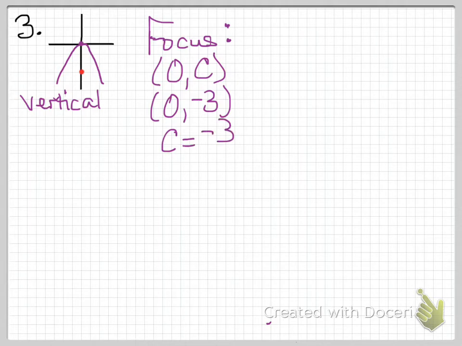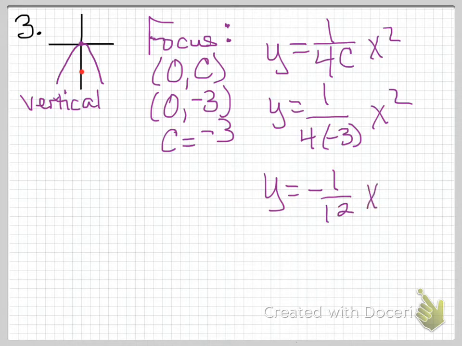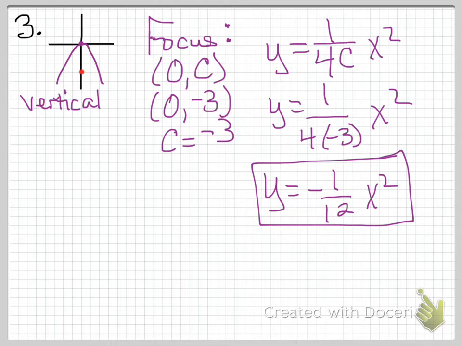Now, again, we have a vertical parabola, so this means I have y equals 1 over 4c x squared for my equation. I'm going to plug -3 in for c. Multiply those together, and I get y is equal to -1/12 x squared. Again, pretty painless.